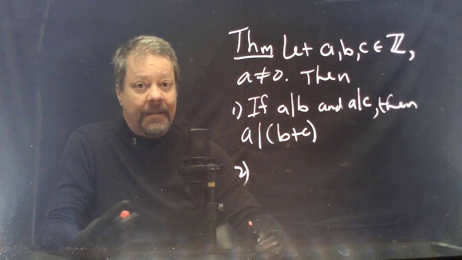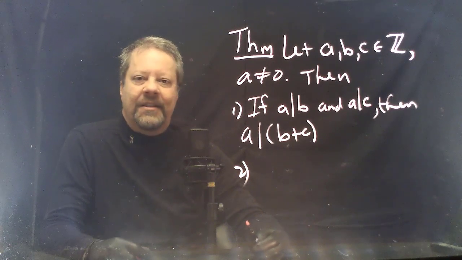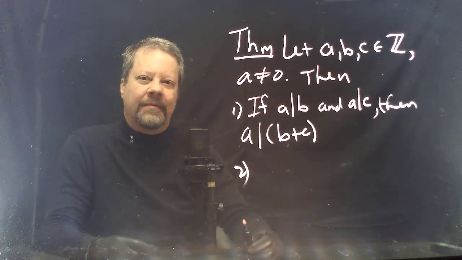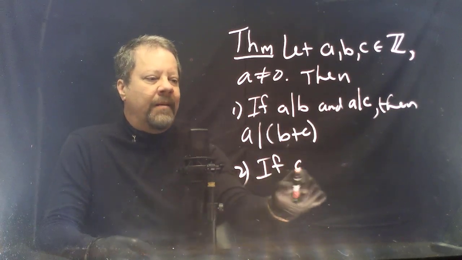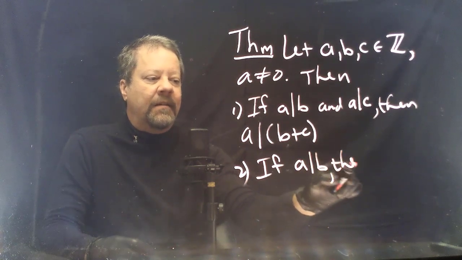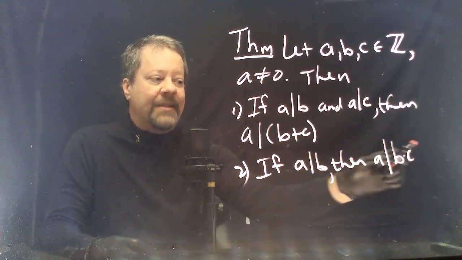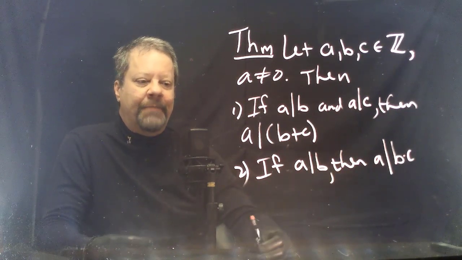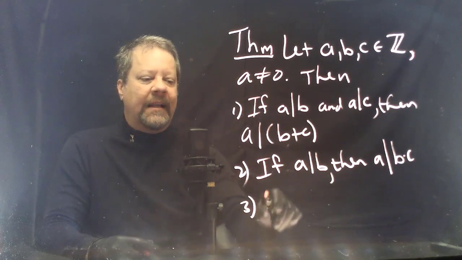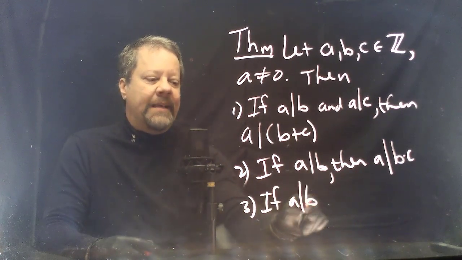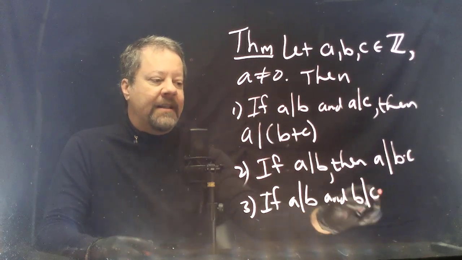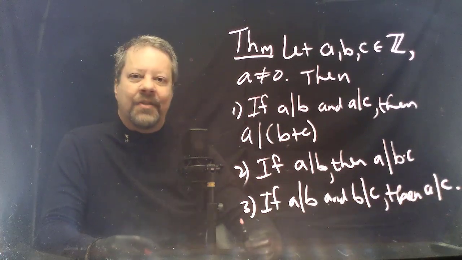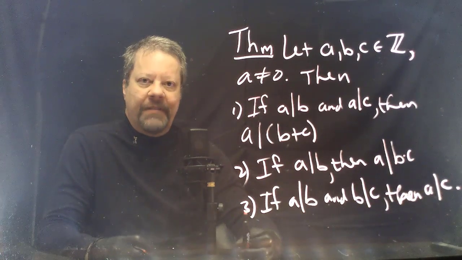So if 2 divides 6 and 2 divides 10, then 2 divides 6 plus 10, or 16. And so that's fairly clear. Also, if a divides b, then a divides b times c. It already goes into b evenly, so it'll go into any multiple of b as well. Finally, if a divides b and b divides c, then a divides c. So there's a kind of transitive property with the divides operation.